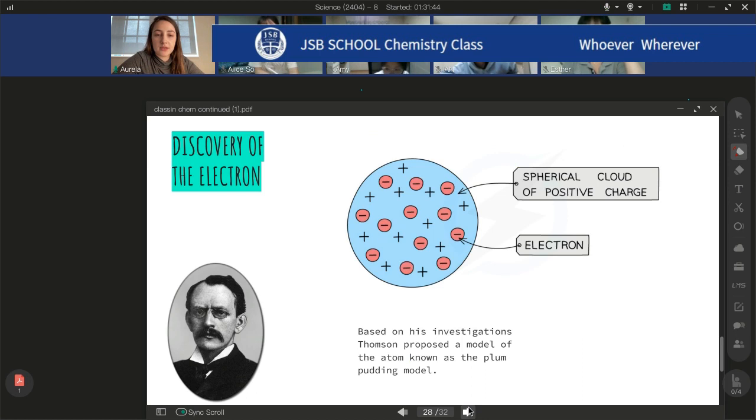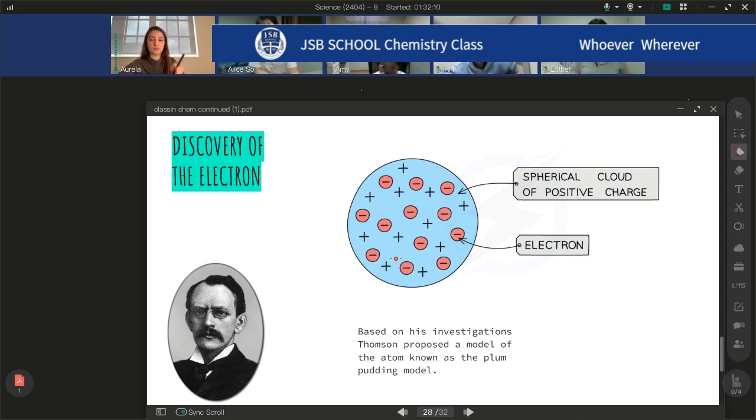Then here now we can look at what he came to create as a model. This is what he then created to be the electrons. And then he said there's sort of like a cloud, so there's positive and negative particles spread out all over the atom, was what he thought after his experiment.